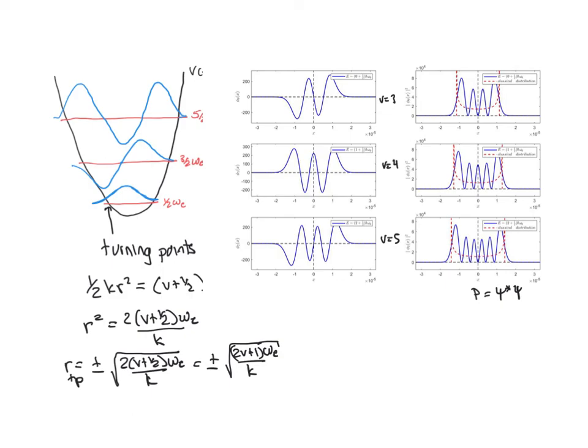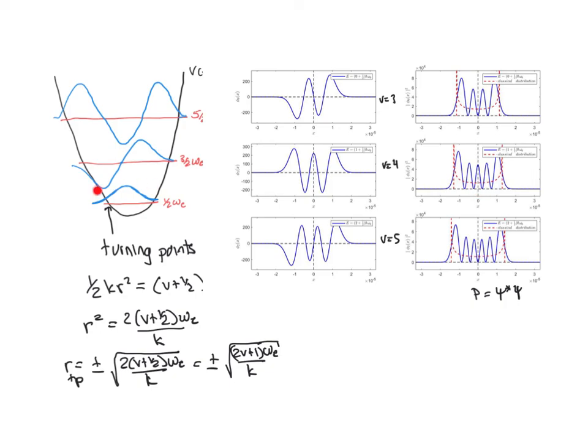And so the probability at the classical turning points is actually the global maximum. And that would match with our idea of the classical motion, where the particle spends the most time at the turning points and the least time in the center.